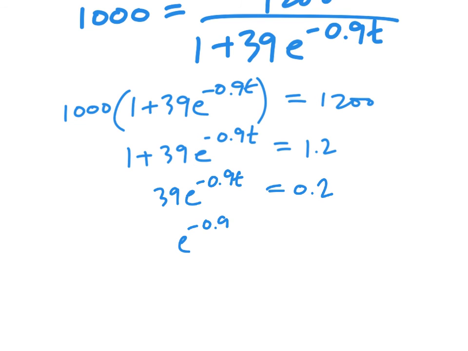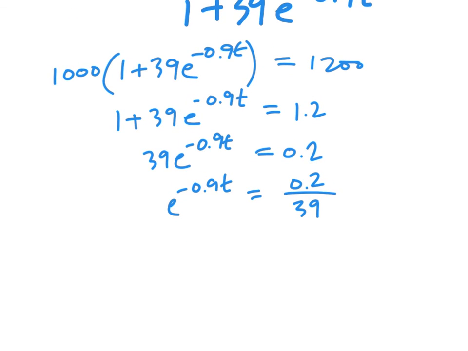Now you may want to take a calculator out and do this, but I would strongly suggest that you don't. Just keep it until the very end. The longer you can hold it before you put it in the calculator, the better the number will turn out at the end, because you don't have to round so much and you don't have to write down all these numbers. Next, we got to get this t down from the exponent position.